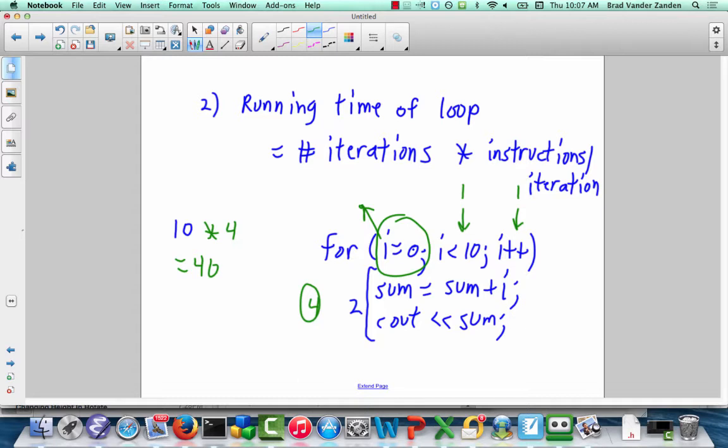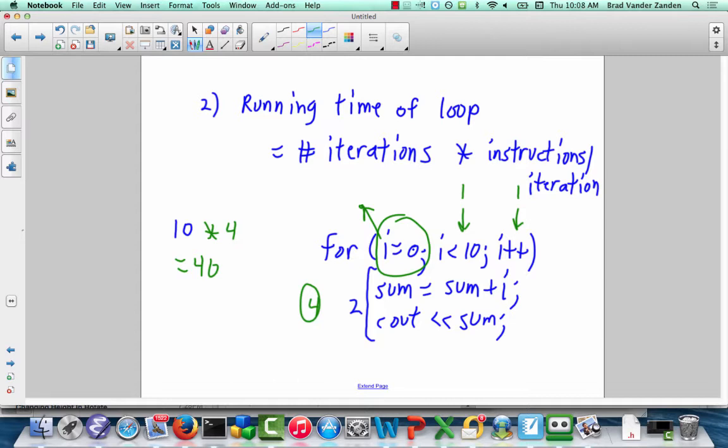If someone's doing a strict analysis of this, they would realize that the comparison is performed how many times? 11, not 10.